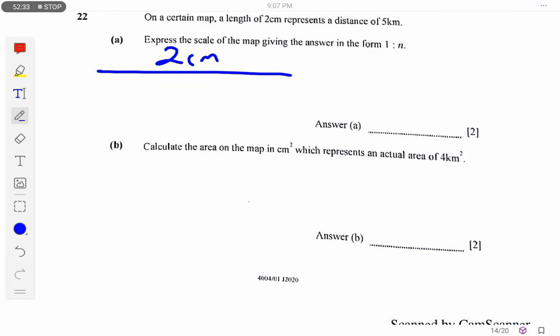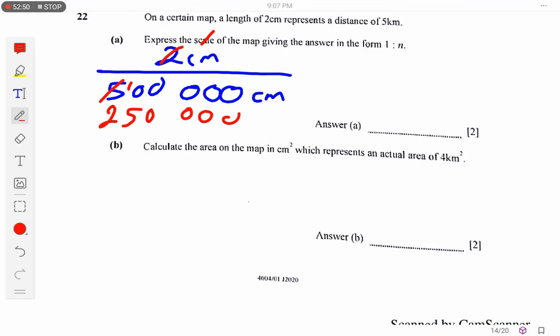I can have this as 2 centimeters over 500,000 centimeters. Then I simplify: 2 divided by 2 is 1, and 500,000 divided by 2 is 250,000. Okay, that's the ratio that we want there, or the scale 1 is to n.